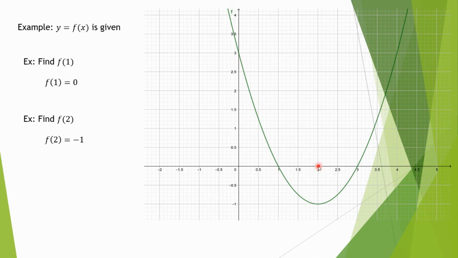Now you want to go vertically to the graph. In this case, we go down 1 unit. So f of 2 is -1. Again, you find the x value on the x-axis, and you move vertically to the graph. So that's f of 2.